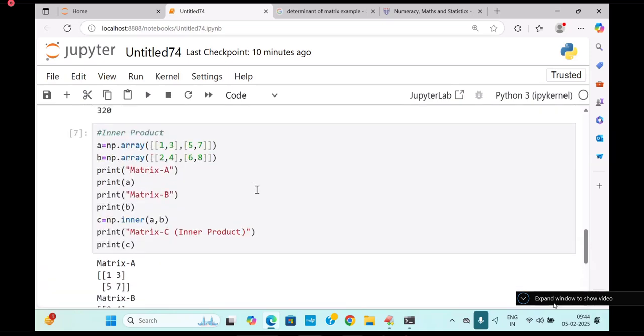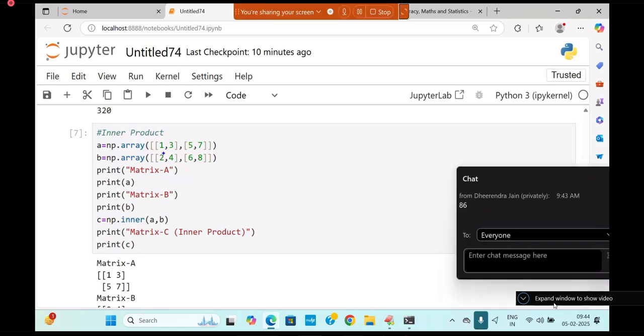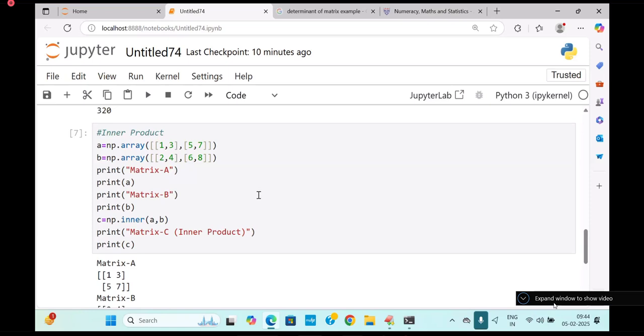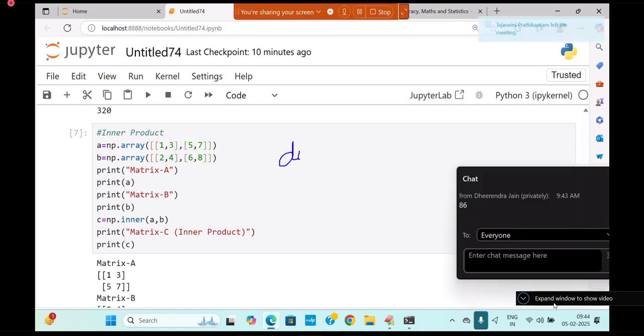So how to go about it? 1 into 2, 3 into 4, 1 into 6, 3 into 8, 5 into 2, 7 into 4, 5 into 6, 7 into 8. That is known as inner product. Compulsory question: what is the difference between dot of 2D and dot of 1D?